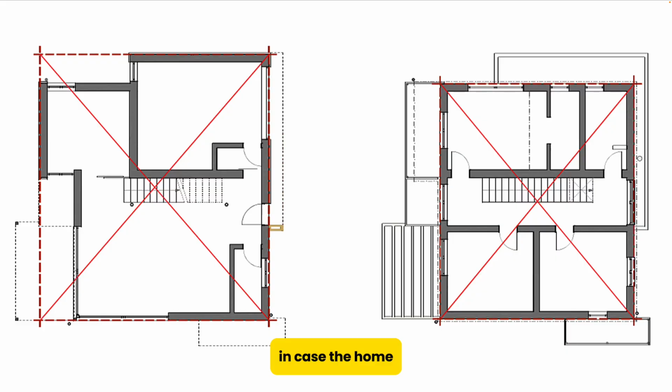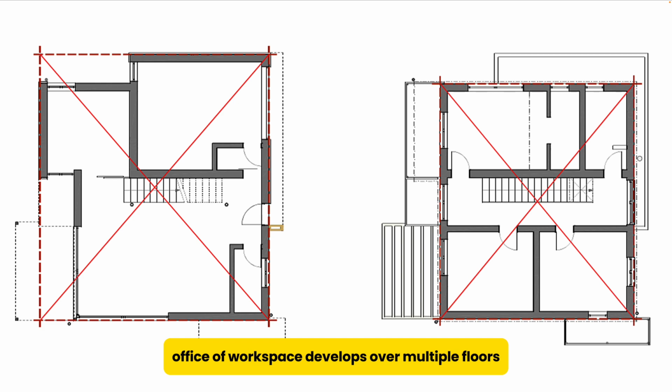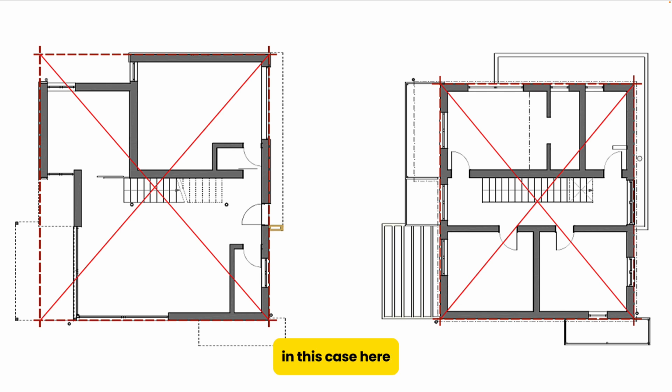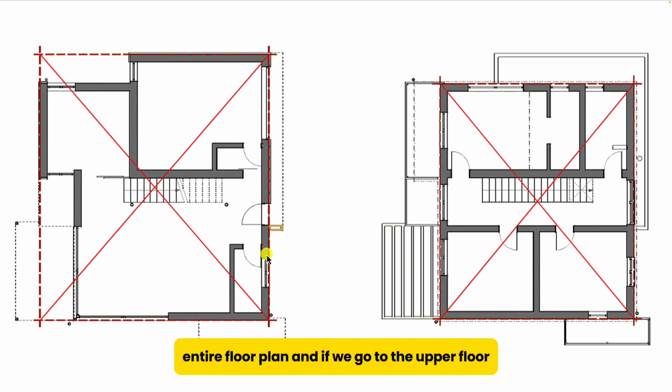In case the home, office, or workspace develops over multiple floors, once the center is determined on one floor, that center is usually carried over at the same spot to all other floors. For example, in this case here, you see that the outline takes in the entire floor plan, and if we go to the upper floor, you may want to have a different center like this for some reason, but that's a mistake.